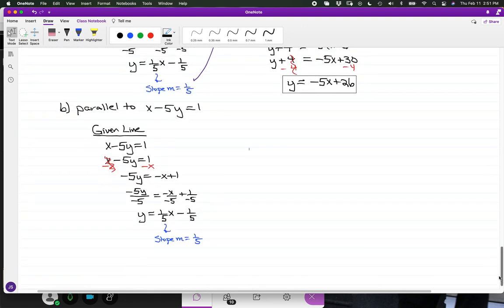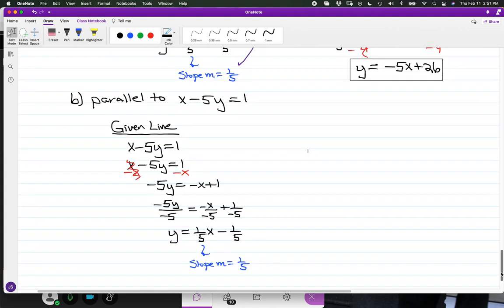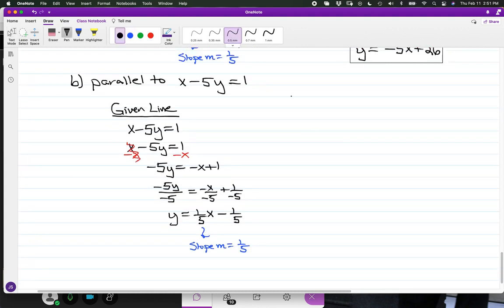Okay, so I got the same given line. Now for the parallel, again, parallel lines will have the same slope. So this time we have m is equal to 1/5. And we got the same point, so we have 6 and -4.